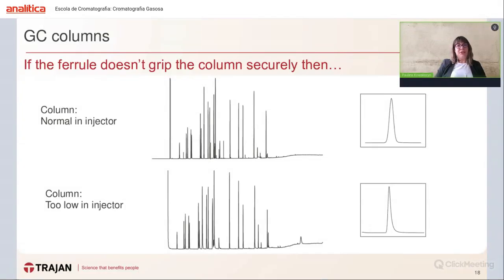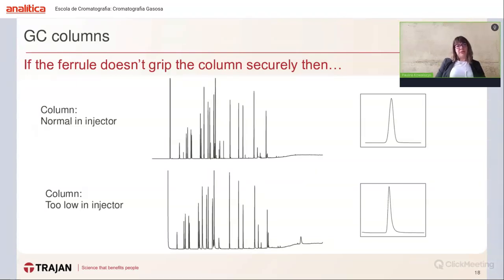During the installation, I've mentioned that the column should be positioned at the right distance in our injection port. Here is an example of how the positioning of the column in the injection port can affect our chromatogram, our analysis. On the top, we've got a column which is positioned correctly in our injection port.